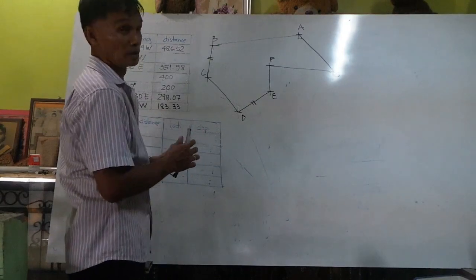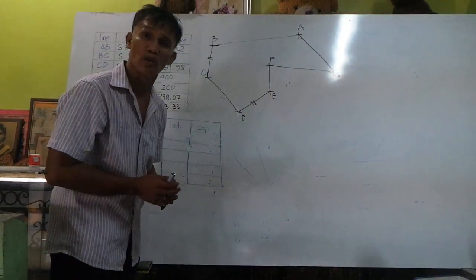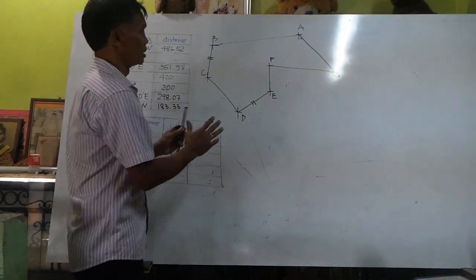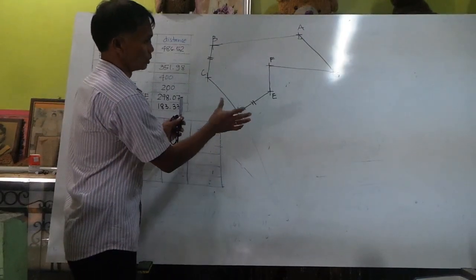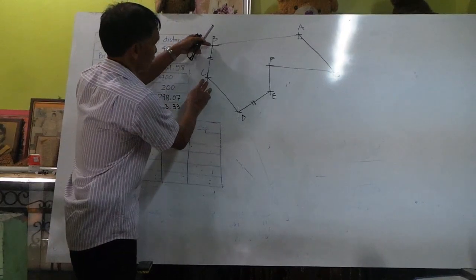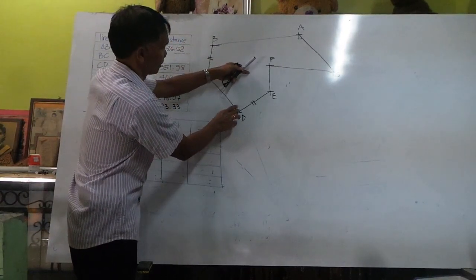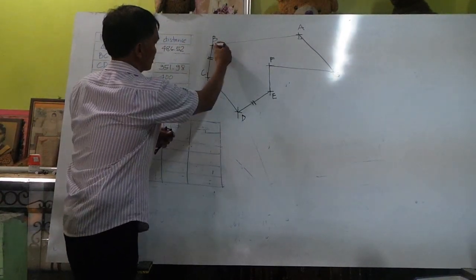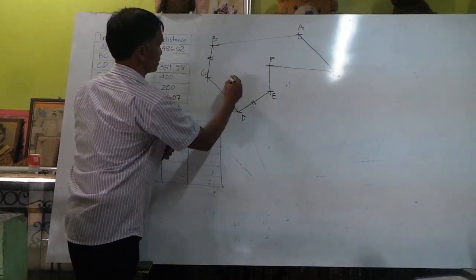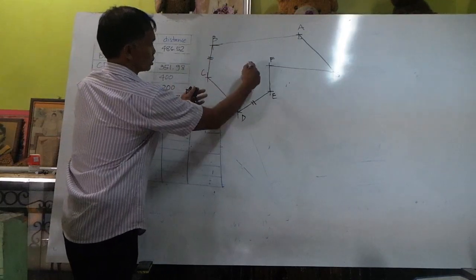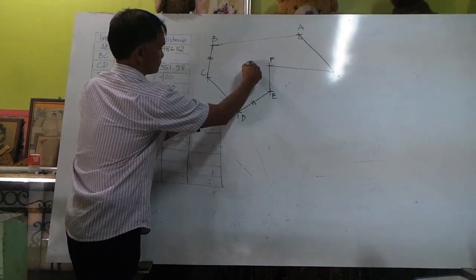Then you just form a parallelogram. So, one way to move is like this: you move the line BC and just move it parallel.